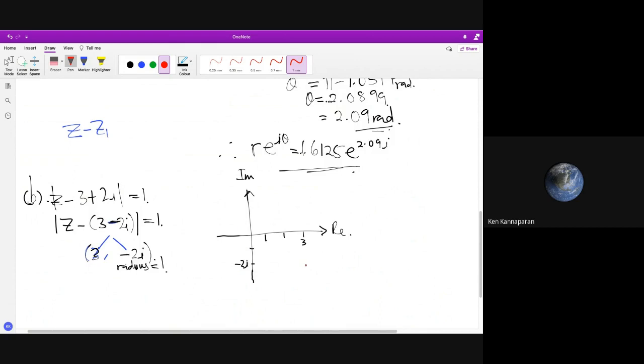This is your center, the coordinate, and what is the radius? It's 1, so I'm going 1 up, 1 to the right, then one to the left, and then one down south. Now let's join. You get a circle, somewhat like that.